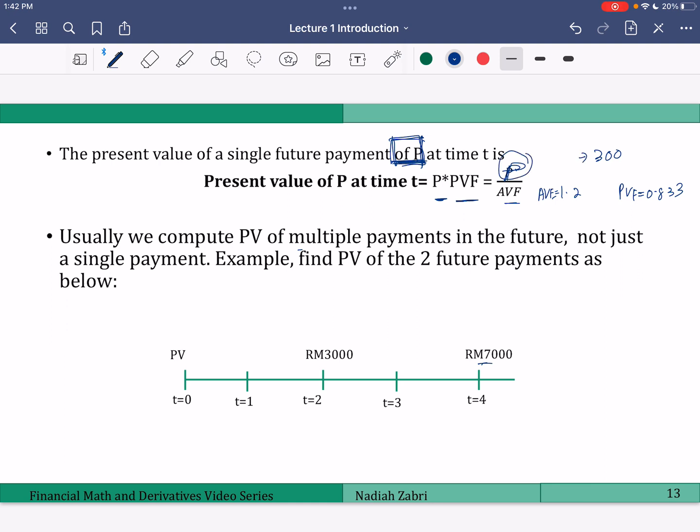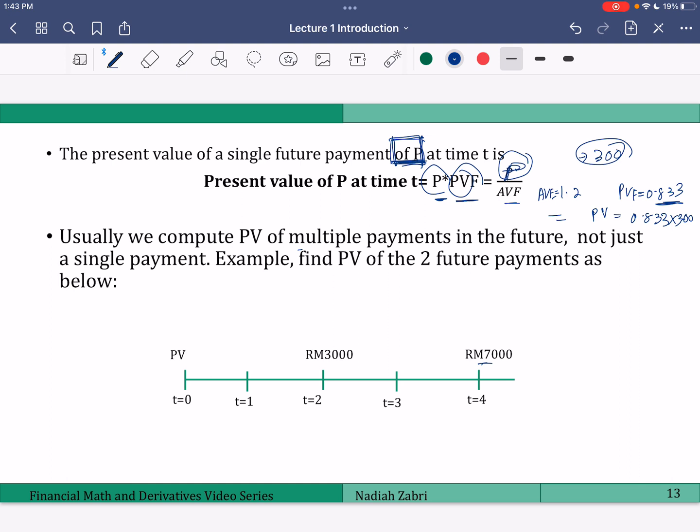So our present value is going to be 0.833, this is the PVF, times the P, 300. So this is 200 something. So you need 200 something to get 300 at the ending of the investment. So that's the concept of present value.